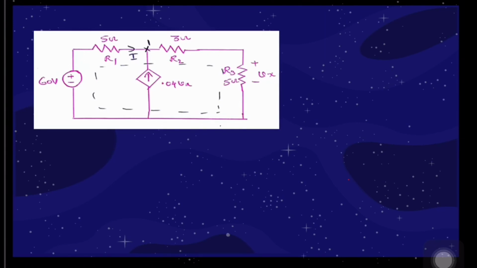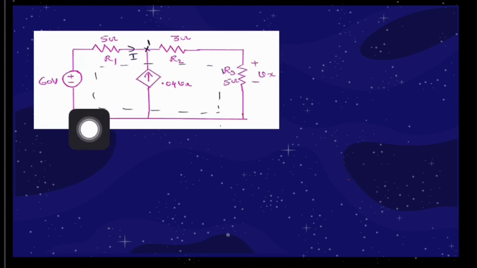So, when we write the KVL equation, the algebraic sum of voltage drops around the two meshes should be equated to 0. Coming back to our network, here we have two meshes and a current source is present between these two. So, these two meshes together should be considered as a super mesh. Now we are going to write the KVL equation in the super mesh.